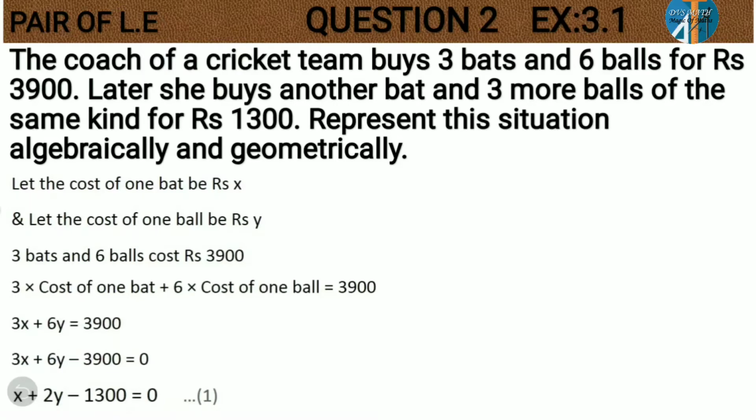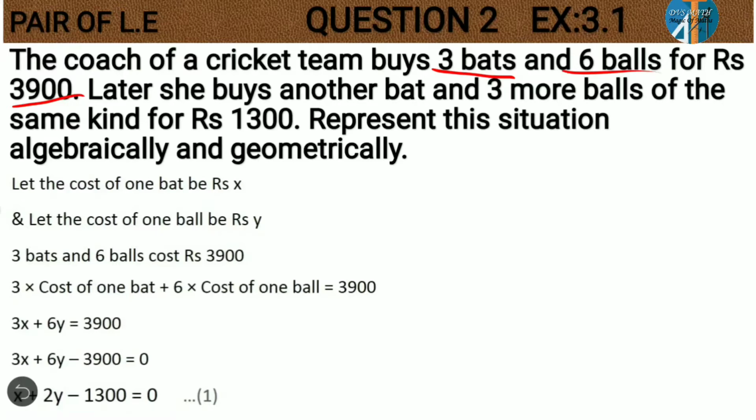So now let us understand the question. The coach of the cricket team buys 3 bats and 6 balls for rupees 3900. Here you have to remember we have two variables, x and y. So bats are x, balls are y. How many bats? 3 bats, that means 3x. How many balls? 6 balls, so 6y.